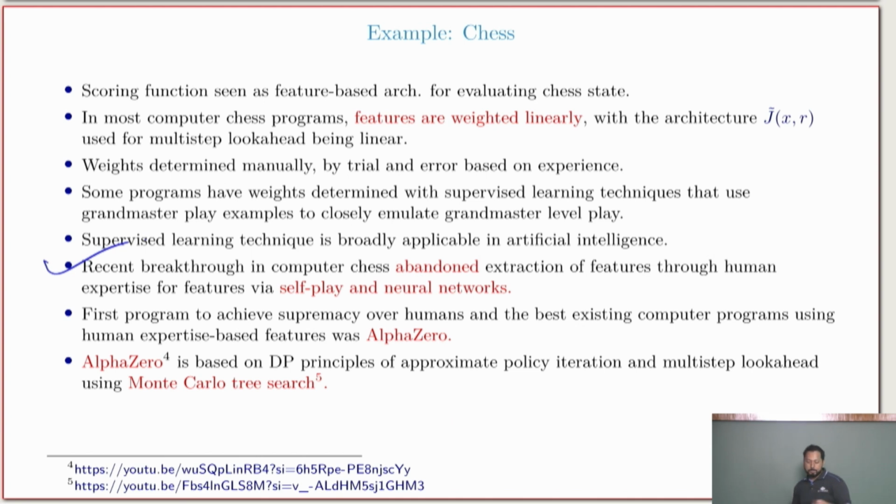So you play a lot of times and you see by yourself if it gave good reward, then that's a good set of actions to take, and you collect all this data in a nice way, and then you build this approximation architecture. I have already said about AlphaZero: it's a DP principle with multi-step look-ahead, and also uses Monte Carlo research.